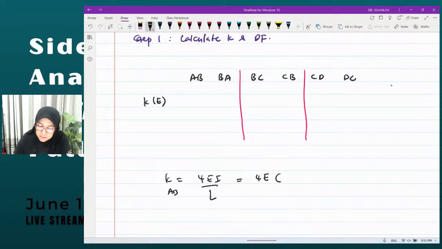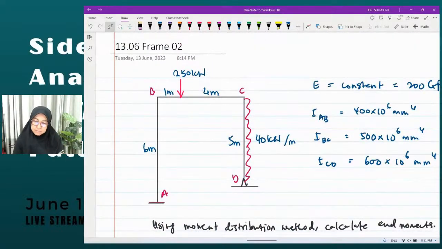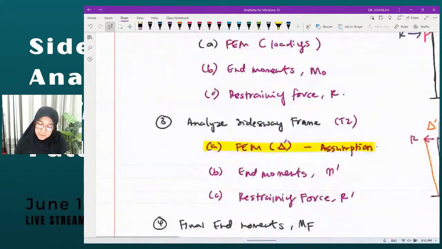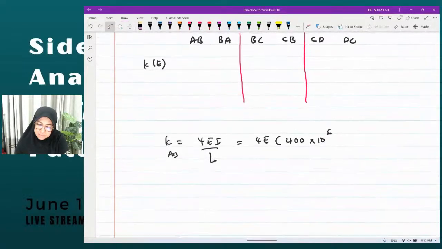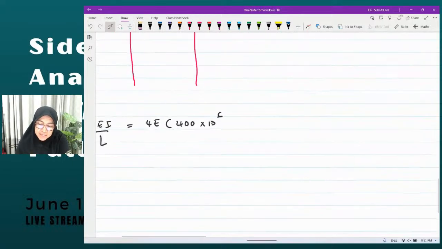I is 400 times 10 power of negative 6. We have to change the unit first.